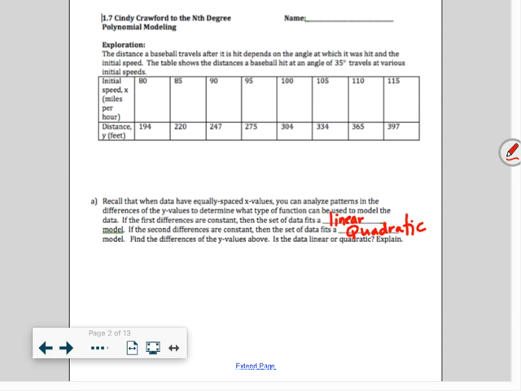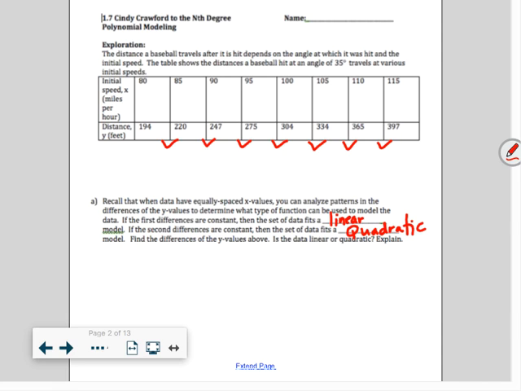So what I want you to do, and if you'll take out your graphing calculators if you don't already have them, it looks like most of you do, which is fantastic. But you'll need your graphing calculators for what we're going to do. I want you to find the differences between the y values. In order to do that, you're going to take the second y value minus the previous one.